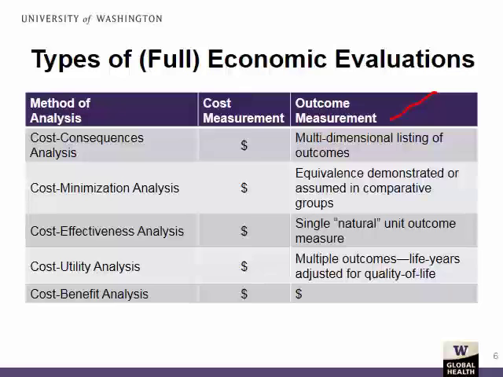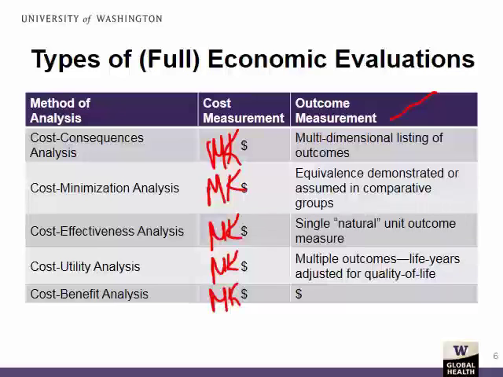You need to measure costs in some currency. Now in our example we said that we're going to be using Malawi kwachas, so you can say that you have Malawi kwachas here in all these boxes instead of US dollars. But the idea is that you have monetary units in the numerator of the cost effectiveness ratio for all the different methods. What makes them different is the measurement of outcomes.